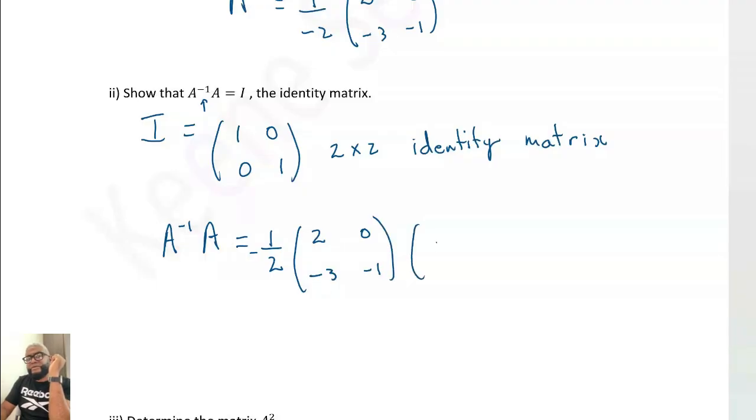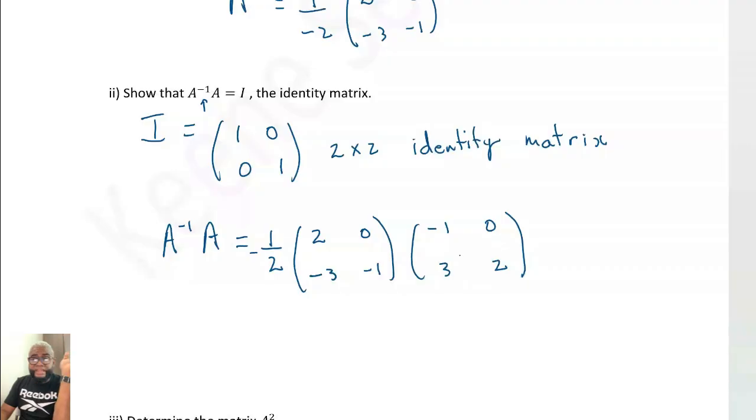What's the original matrix? Who can tell me what your original matrix was? Check it in your book. What was the original A? -1, 0, positive 3, and positive 2. Everybody good there? Now, this is why I do like to multiply the determinant into the matrix, because having fractions here is cumbersome.